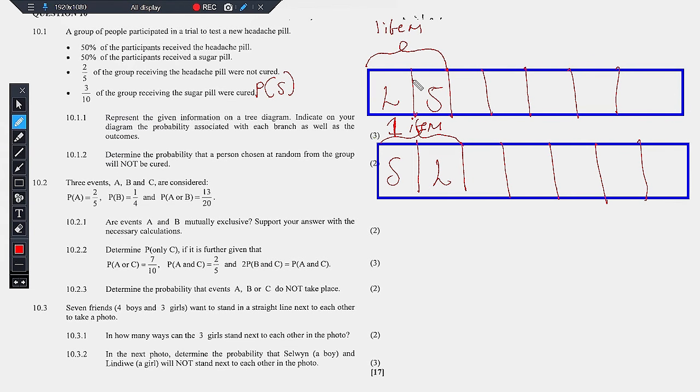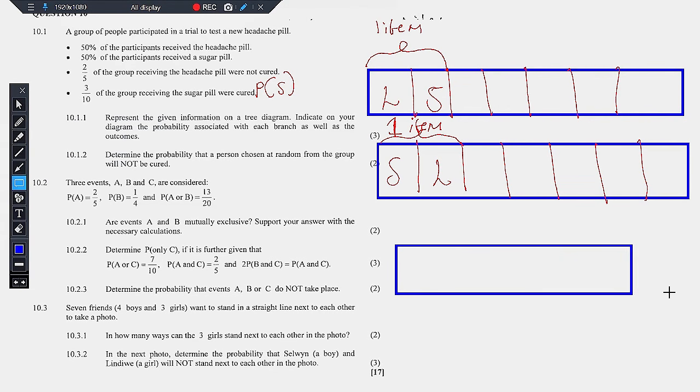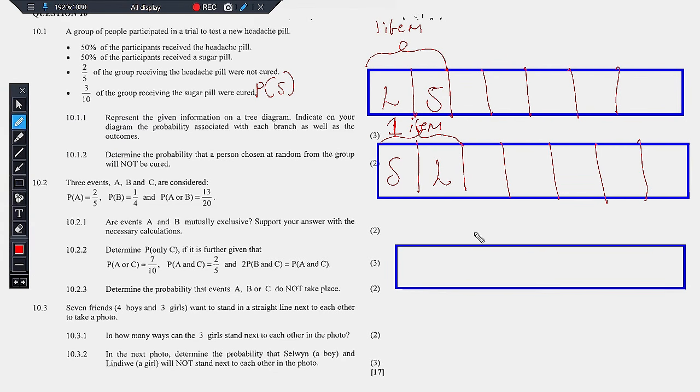Right. So if we are taking this one as one item, that means how many standing positions do we now have? Out of 7, we are only left with 6 standing positions. So the first one will have 6 options, and then the second one will have 5 options.